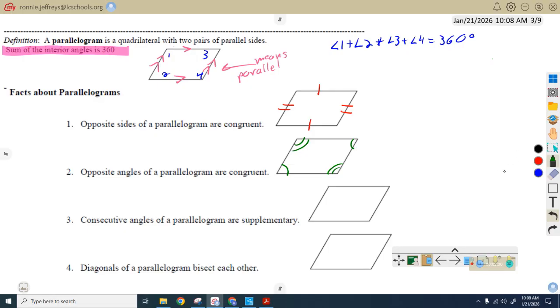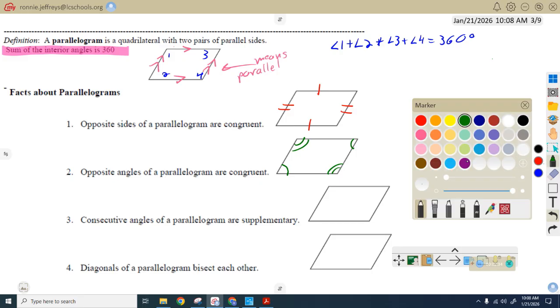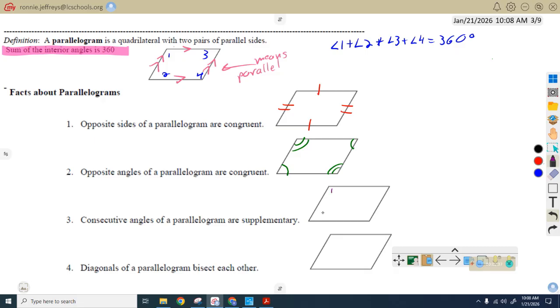Now it says consecutive angles are supplementary. This is what this means. Angle 1 plus angle 2 is 180. Angle 2 plus angle 4 is 180.